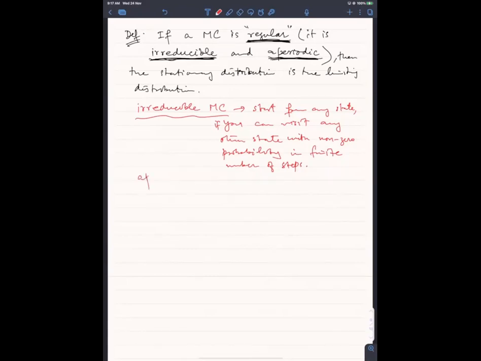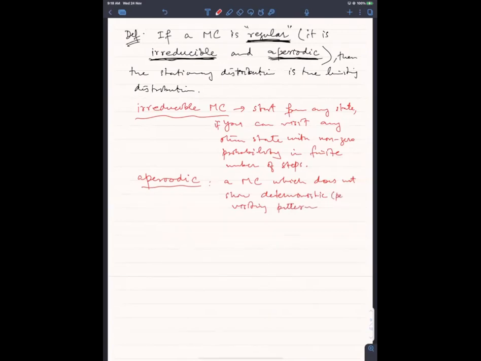Okay. What about aperiodic? Here we again give an informal definition. A Markov chain which does not show deterministic visiting pattern. उसका जो visiting pattern है वो deterministic नहीं होगा.